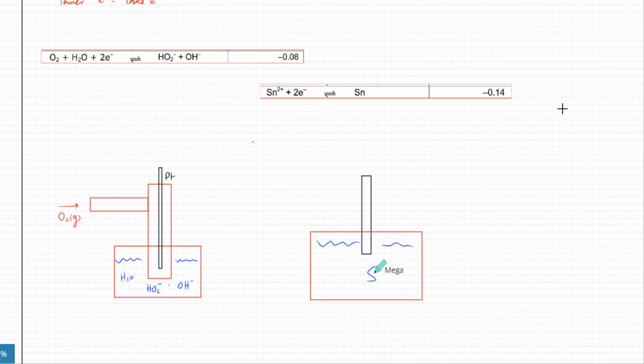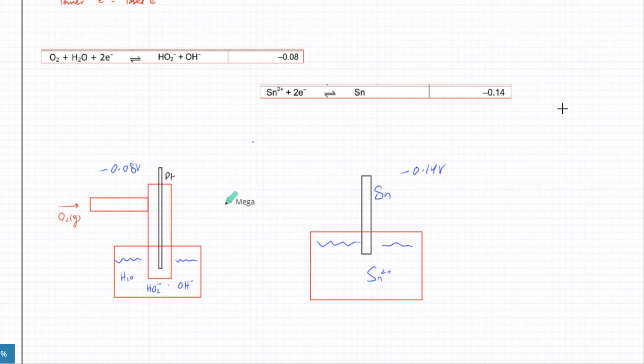So tin 2+ over here, and this is going to be made from Sn. So there's going to be an equilibrium, a back and forth reaction, and this would have a potential of minus 0.14 volts. This other one will have a potential of minus 0.08 volts.